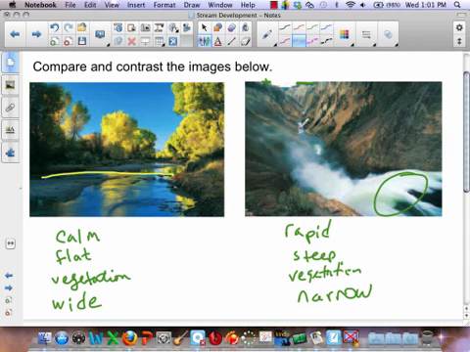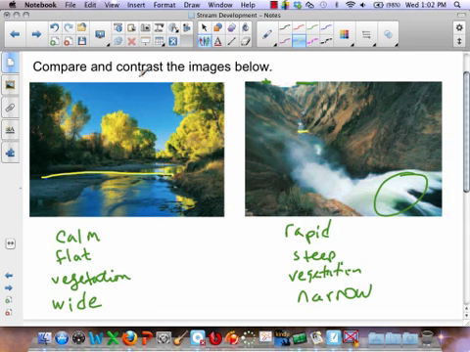How does that compare to over here? It's much wider because it's got a lot more open space. Therefore, it's still flowing the same discharge, but it's doing it over a wider area, so it can actually travel slower.